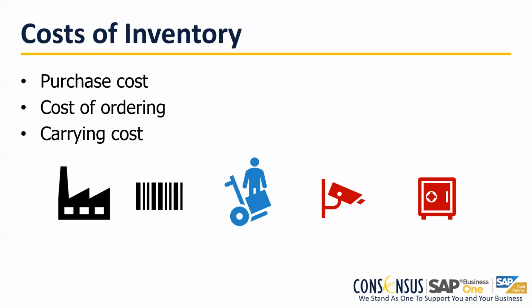So there are a lot of expenses of just having inventory stored at our warehouse. And this could be either my own warehouse or maybe a logistics warehouse, a 3PL, when they're actually taking care of most of these expenses.